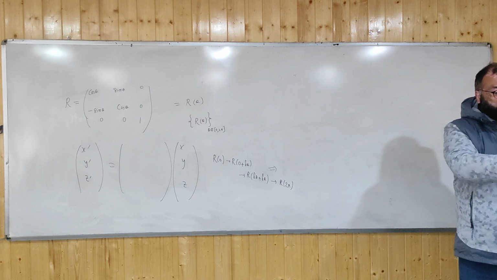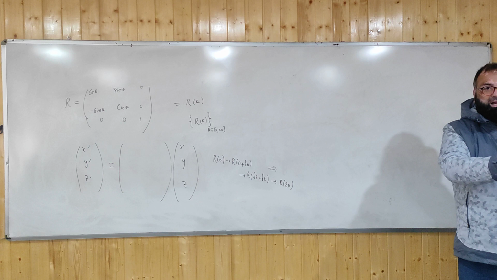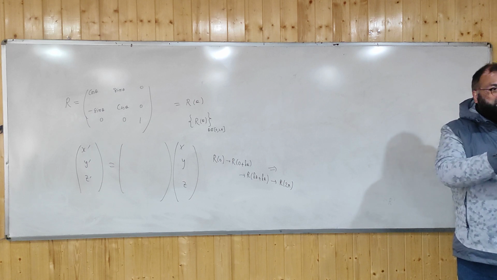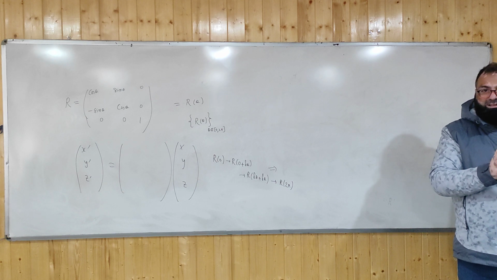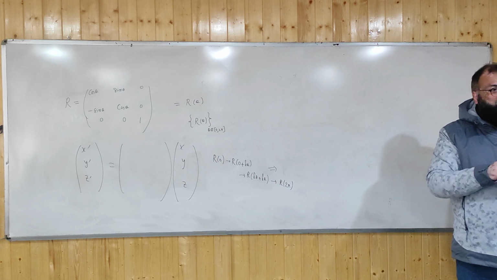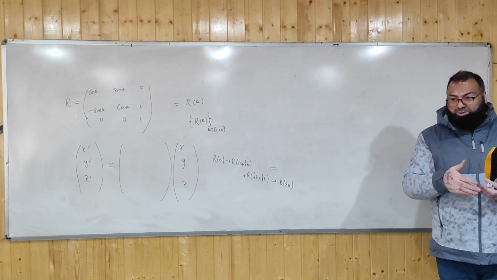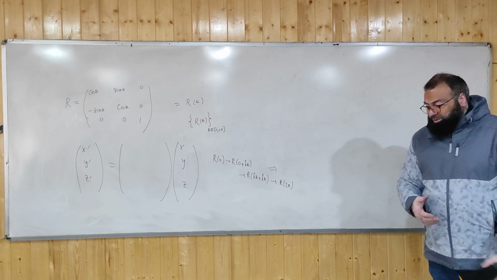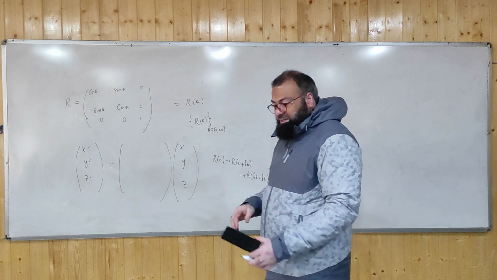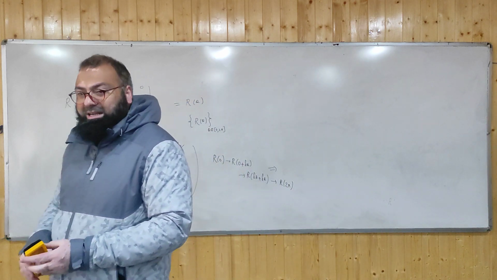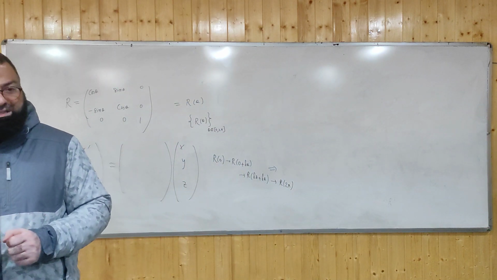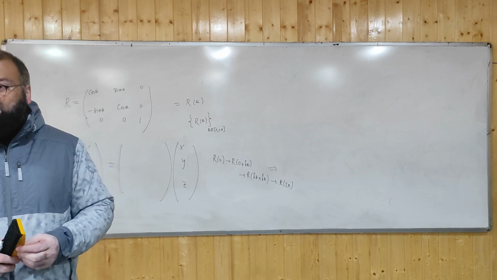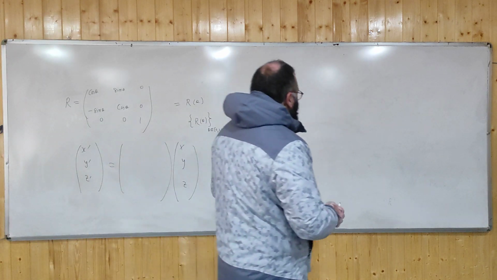Two rotations give you a third rotation. Such sets under a given operation form a mathematical structure that we call a group. So let me first give you the definition of the group.